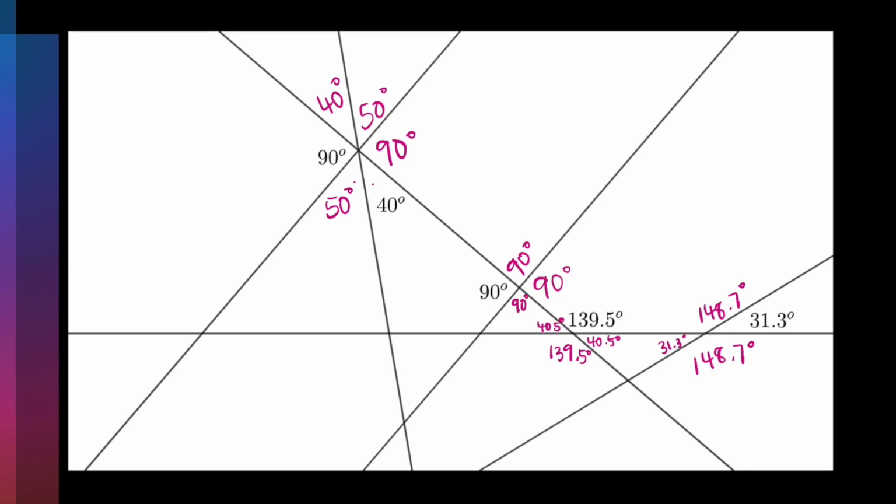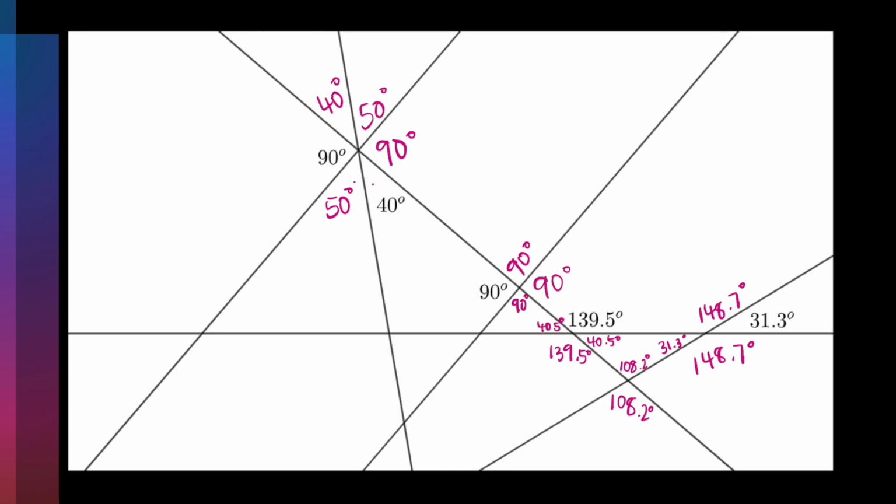So the next thing I'm going to move on to is triangles. I know that a triangle has to be equal to 180 degrees. So for example, here's a triangle right here. I know that this plus this has to equal 180. So if I do 180 minus 31.3 minus 40.5, I get 108.2, which is right there, which has to be my missing angle, because again, the triangle has to add up to 180 degrees, and then I just use vertical angles to mirror it over.